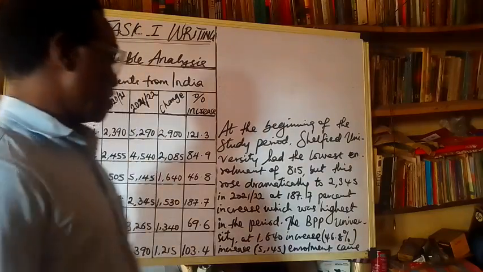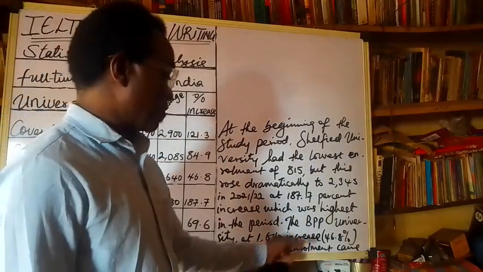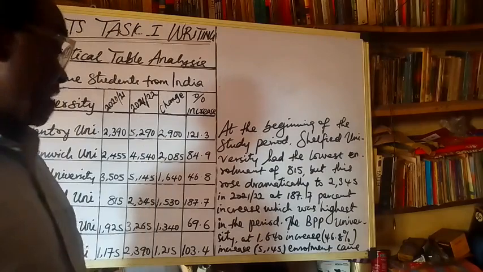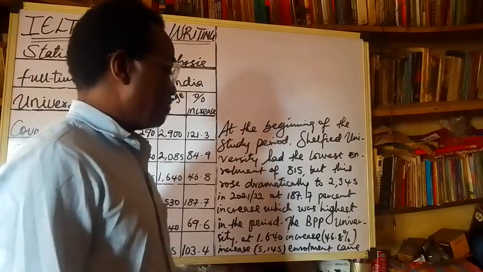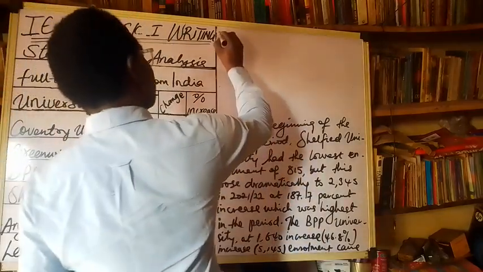The BPP University at 1,640 increase, 46.8% increase, at 5,145 enrollment came next.